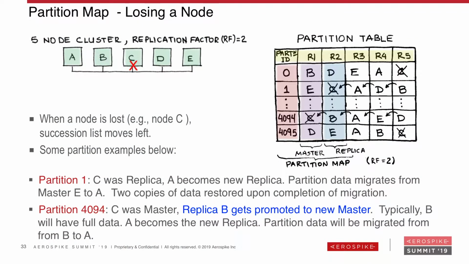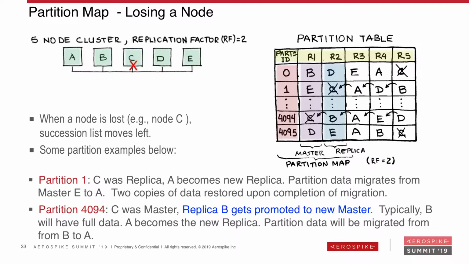So let's see what happens if a node goes out of the partition table. Let's say in this example, I have lost node C. The succession list would move to the left. And let's say in partition 1, C was the replica, A will become the new replica. A didn't have the data. It'll get the data from the master. It's called a fill migration, and it'll assume the role of the replica.